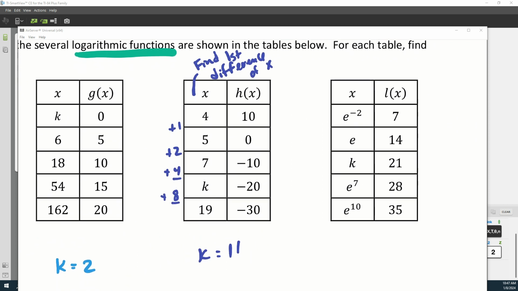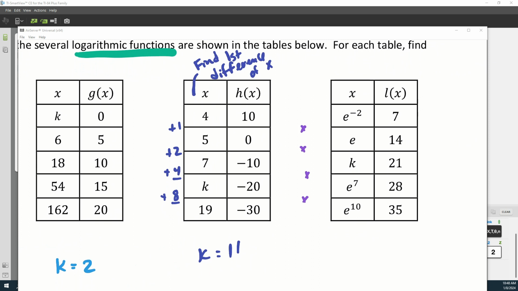All right, now this next one, we are multiplying by the same thing each time. It's just kind of harder to see because they're powers of e. So when you're multiplying powers of e, what do you do to the exponents?